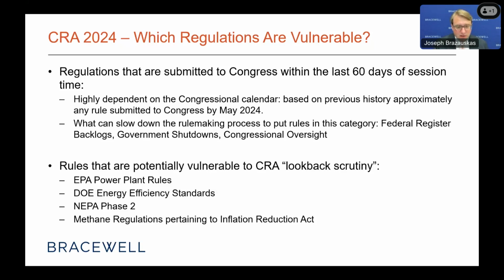So if you think about it this way, if you've got a rule that was proposed in the latter half of 2023, the last 6 months, there's hundreds of thousands of comments that have come in.